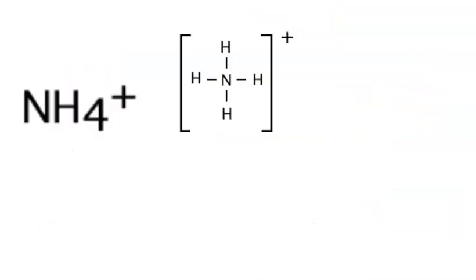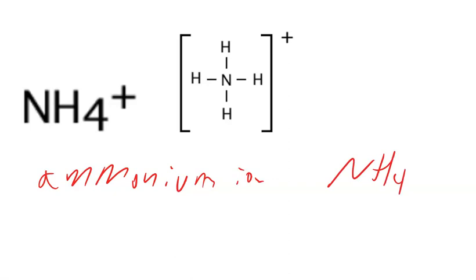There is one polyatomic ion that's a cation that you will deal with for the most part. Other ones do exist, but this is the one that you'll see often, and it is called ammonium. So this is going to be the ammonium ion, and an ammonium ion is going to be NH4.